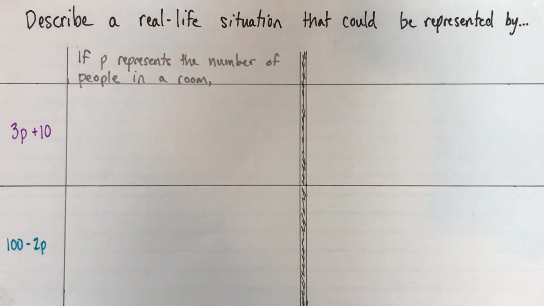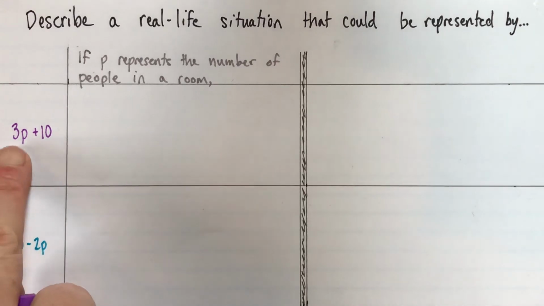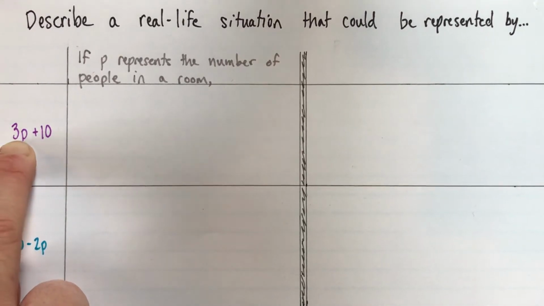And one thing that works pretty nicely for a lot of these is often if you think of money, it can often help you come up with a nice example. So maybe I'm just thinking about the letter P, but if the people paid $3 each to come in to whatever is in this room, maybe it's a museum or something, then we would collect 3 times p. So if it was 20 people, it would be 3 times 20, it would be $60.